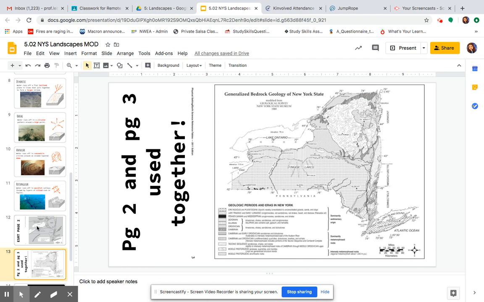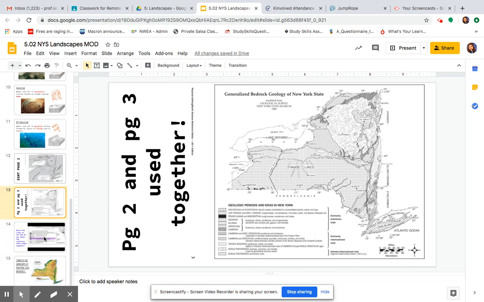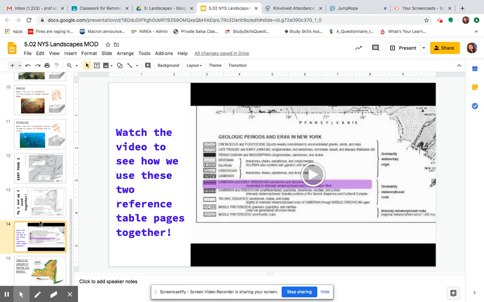Okay, so for the worksheet you guys are going to do eventually, after you have gone through this lesson, you are going to have to use page 2 and page 3 of the reference table to figure out the landscapes and the type of bedrock. So we're going to move on to slide 14. This is a very informative video that goes through in more detail how to use both of these pages of the reference table to figure out different things about New York State.